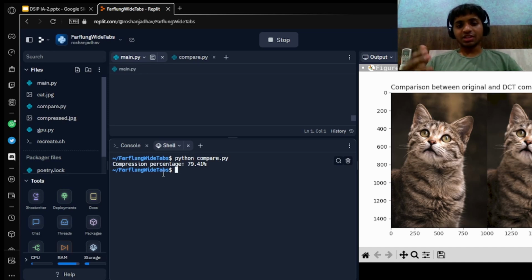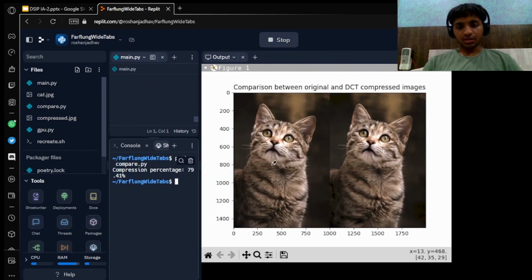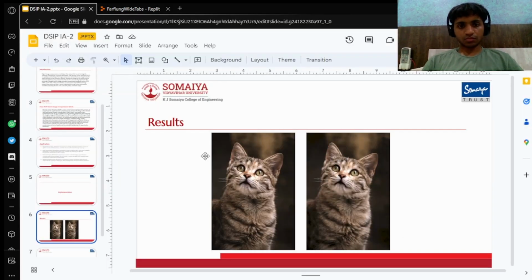The compression percentage is 79.41%. So the image here and here has lost about 79.41 percent in size. Thank you for your time.